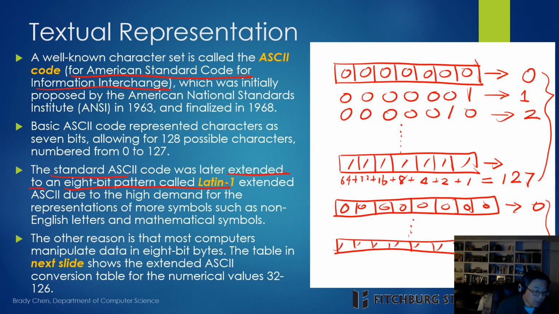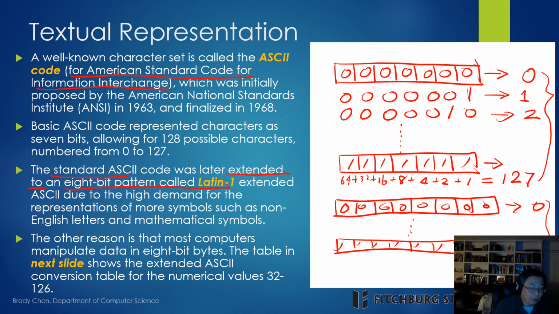The other reason people want to use 8 bits is because most computers manipulate data in 8-bit bytes. Because 8 bits is a power of 2, which is 2 to the 3.